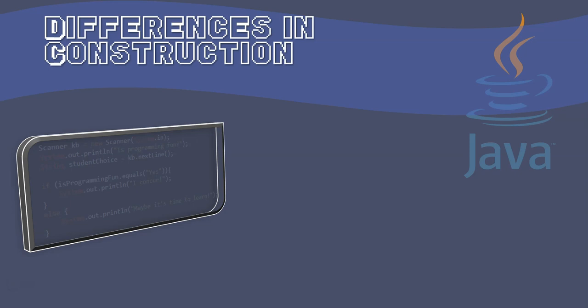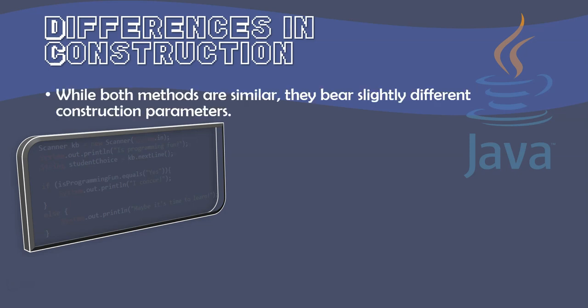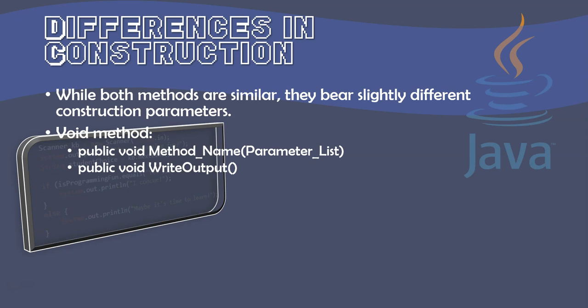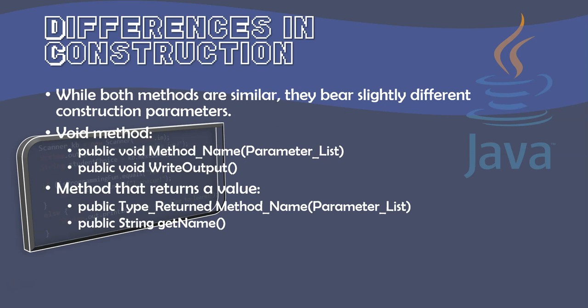There are some differences in how we actually start constructing these methods. While both methods are very similar, they do bear some slightly different constructions. A void method is going to be public void, whatever the name of our method is, and then any parameters. Here's an example: public void writeOutput. We've seen this. What about a method that returns a value?